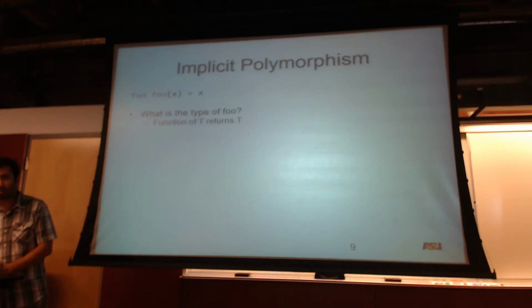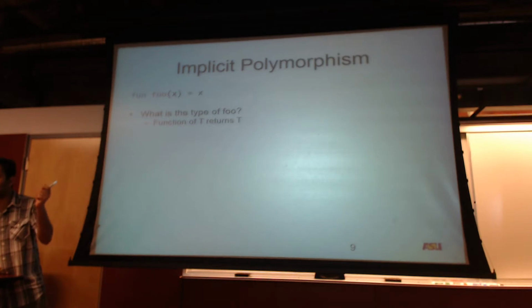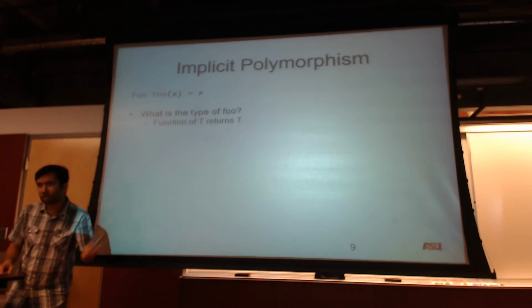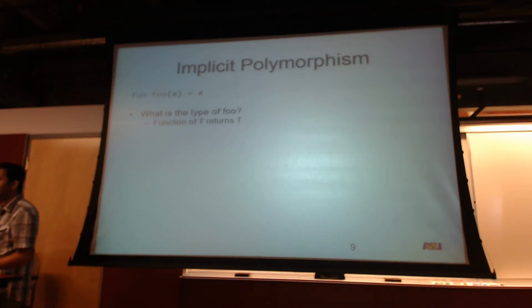But as of now, the most generic type that we can give to the return of foo is t, which means we are saying that it has the same type as its input argument. So the foo has a type function of t and it returns t.